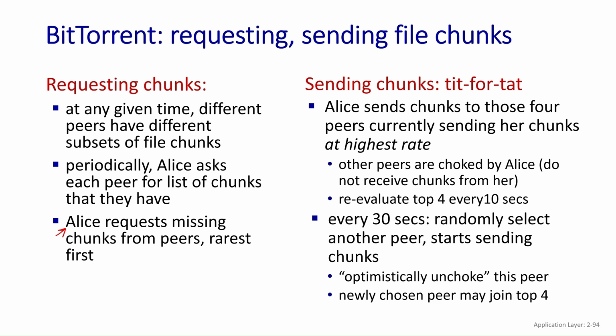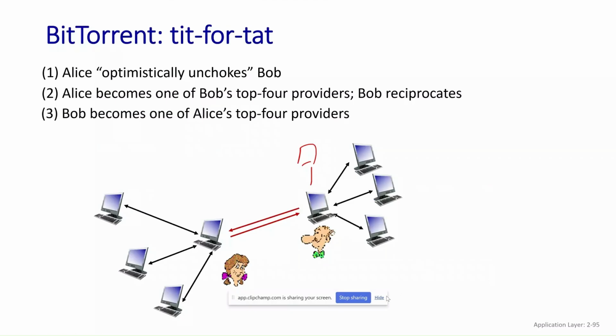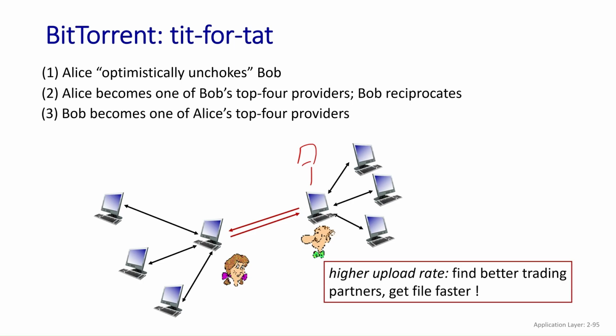Okay. After every 30 seconds, every peer optimistically unchokes another peer, hoping that the new peer will become one of its top four providers. And this goes on until we are done getting all the chunks.